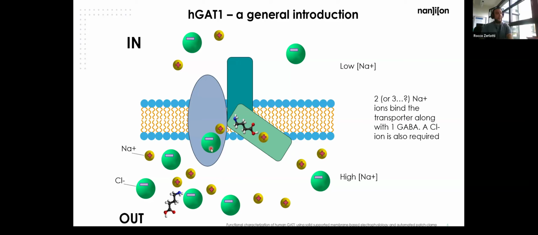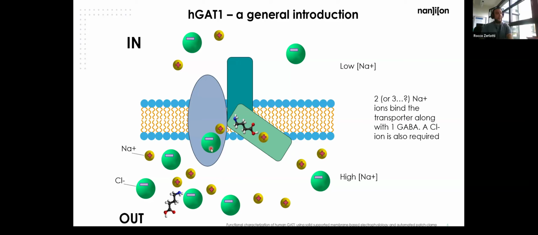In this particular state, no more GABA can bind the protein. Then the protein opens towards the inward compartment, the cytosol of the neuron, and releases the substrates that were bound. For chloride, there is still a little bit of confusion here.